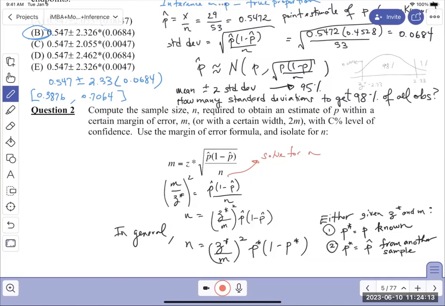But we have to assume the samples are good, after we assume we've done the due diligence and gotten a good sample, okay? If you don't know anything about P and you don't have another sample result, then the best thing to do is what? Does anybody know?